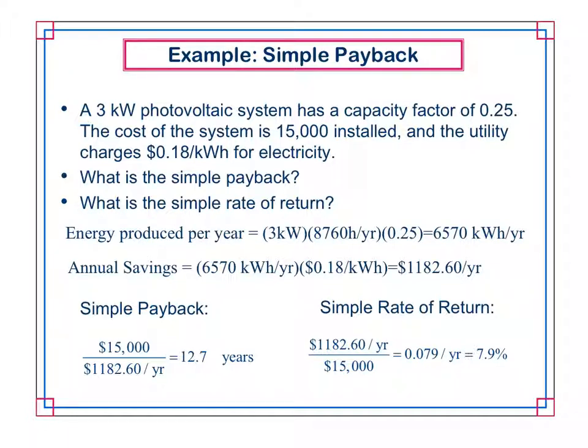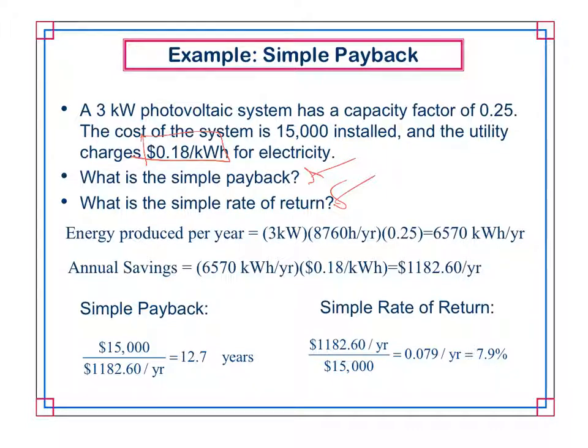And if you buy power from the utility, you're going to pay about 18 cents a kilowatt hour, which is kind of close to the going rate. So we want to figure out what the simple payback is, and then what the simple rate of return is. What we're essentially trying to do is calculate how much money we're going to save per year, okay?